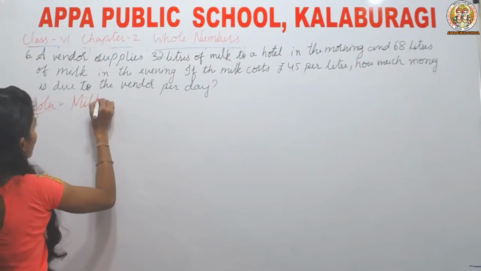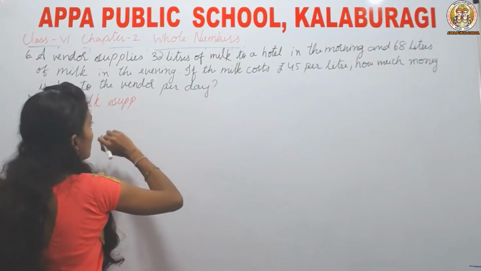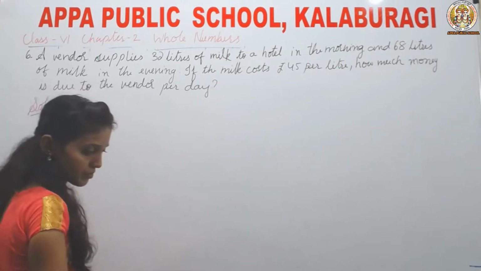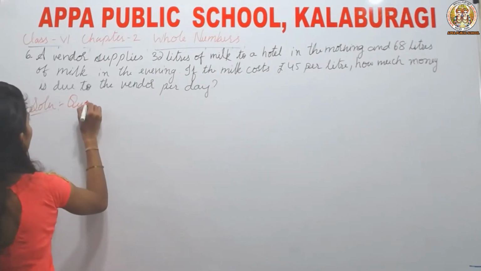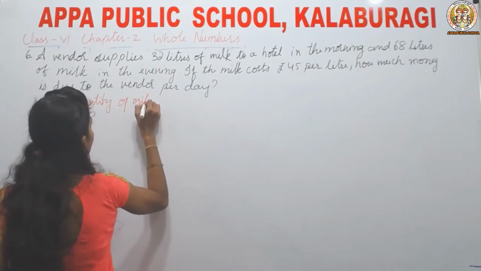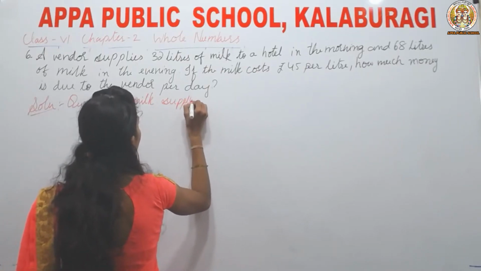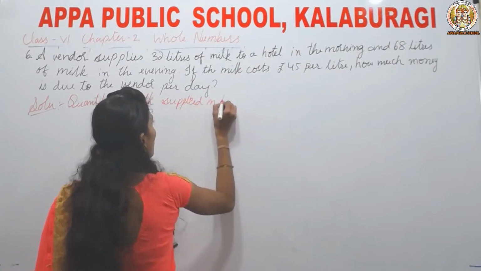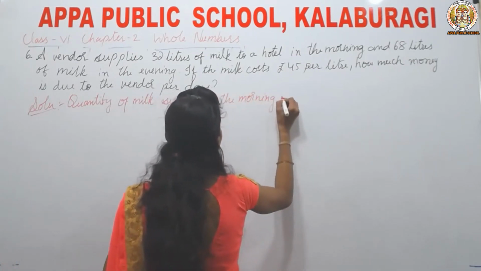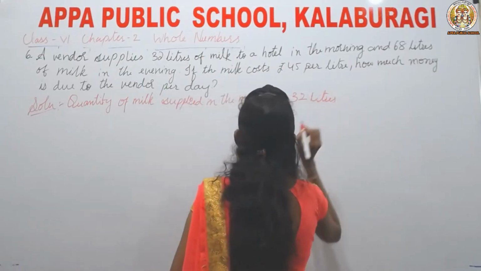Milk supplied in the morning. Let us write it as quantity of milk. Quantity of milk supplied in the morning is 32 liters.